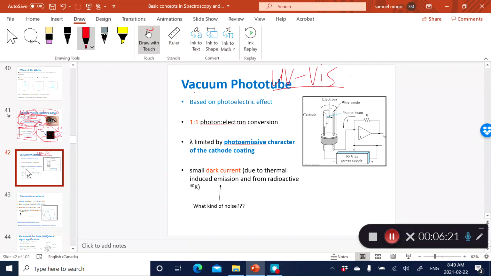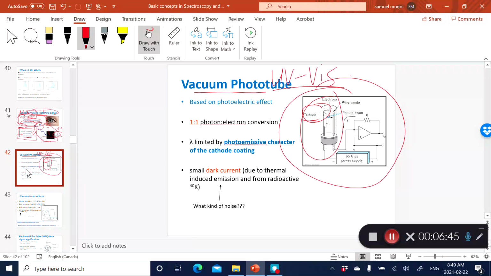And so the vacuum phototube, I've shown the picture of it here. As the name suggests, all what you have is a tube. And in that tube, you've got a plate of cathode, or you've got an electrode plate, okay? And the electrode plate, in this case, is a cathode.